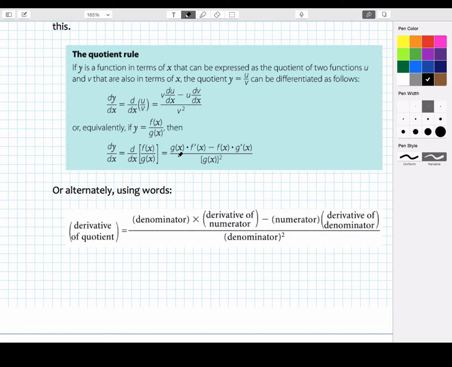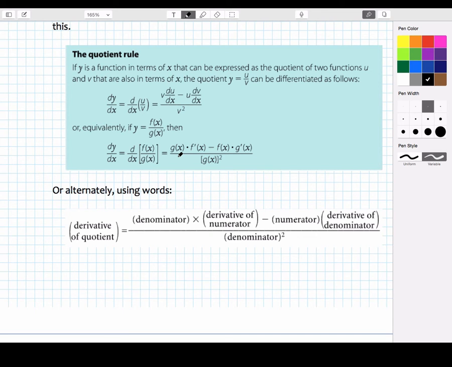It looks like the product rule, except instead of a plus we have a minus. Exactly. But we're not done. We have to divide the whole thing by the square of the denominator. So it's a little more computationally intensive than the product rule, but it is still just a matter of taking derivatives of the two, filling in the formula and simplifying.